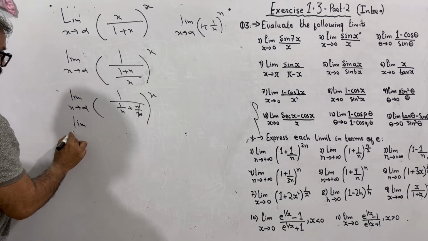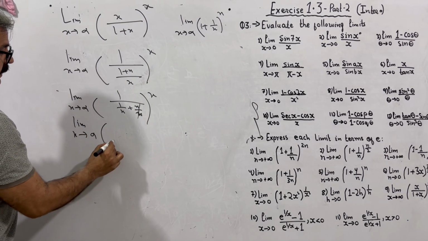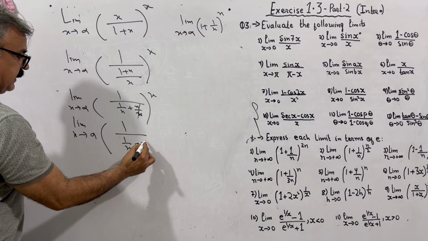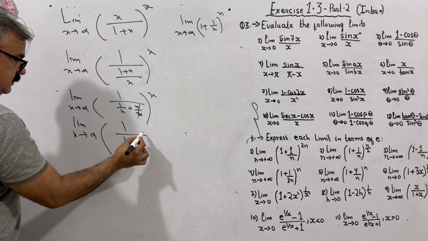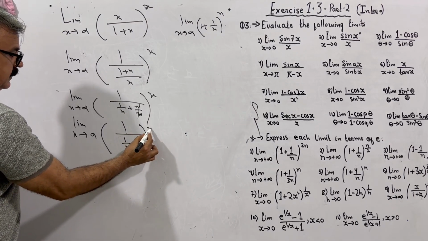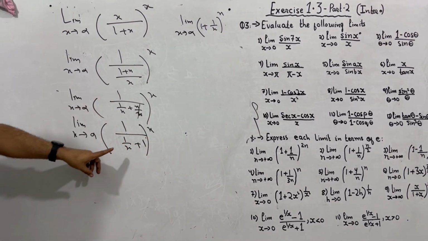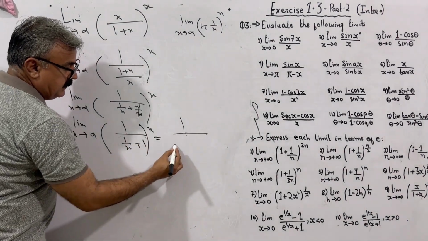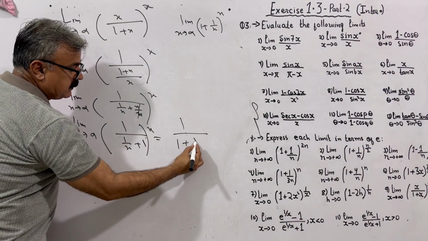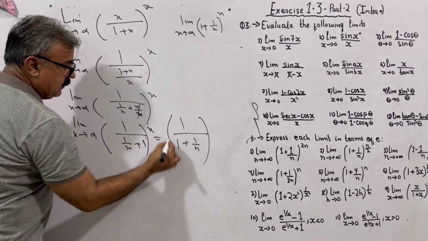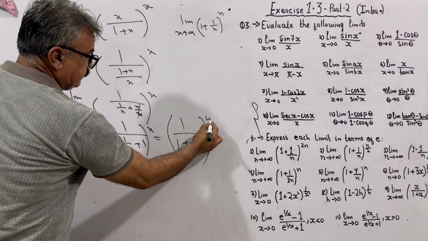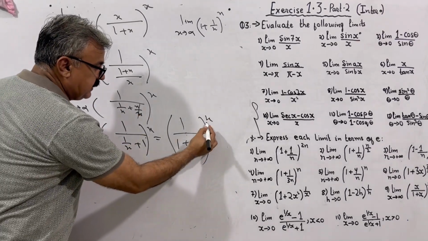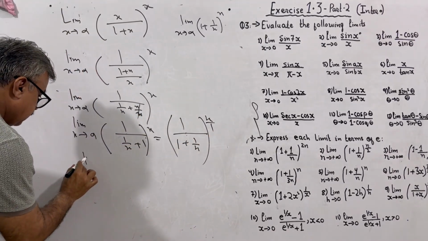So I have 1 over (1 over x plus 1) raised to x. Now distribute the power. There is 1 over x, and there is x over 1.